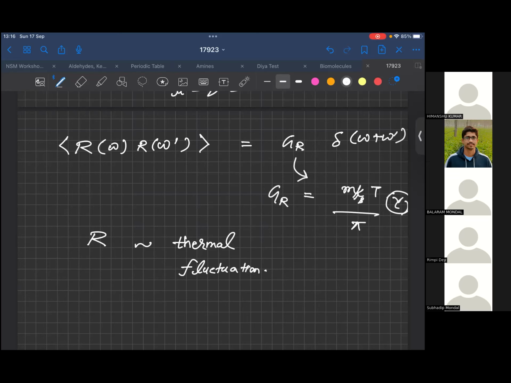This was actually given by the Nyquist theorem in the year 1928, where he showed that the random electromotive force (EMF) appearing across a resistor is determined by the impedance, and impedance was connected to the external electric field that we have applied.